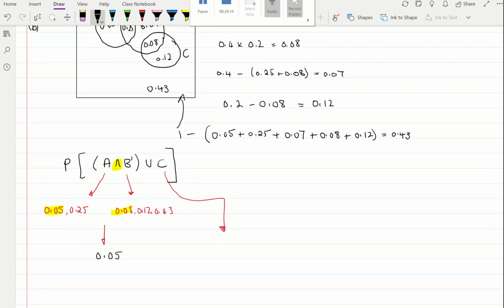And then I also want C, and C is 0.08 and 0.12. And I want the union between these, which is all of these added together. So the probability that I want is 0.05 plus 0.08 plus 0.12.